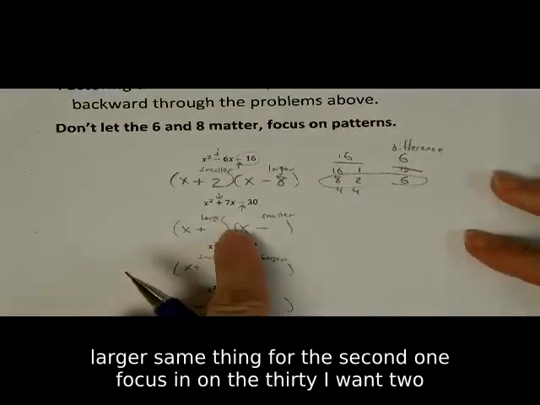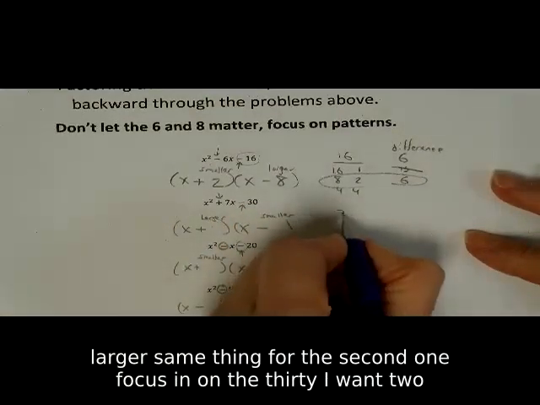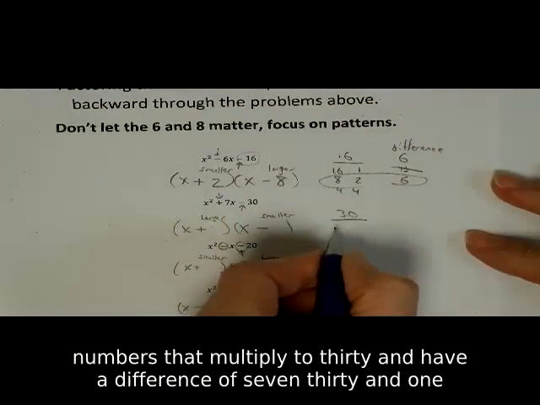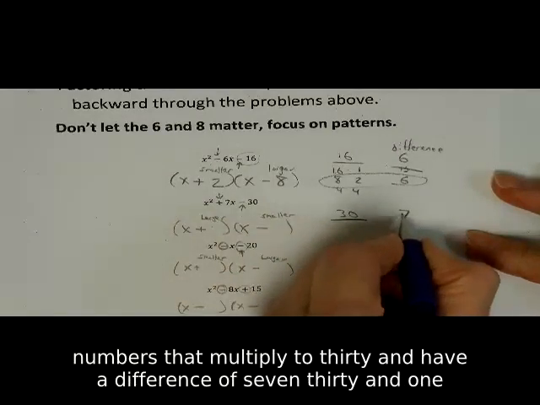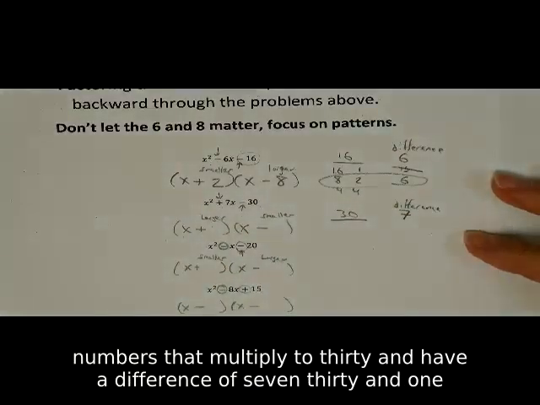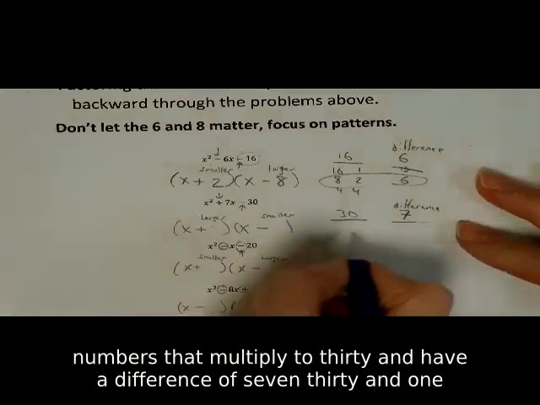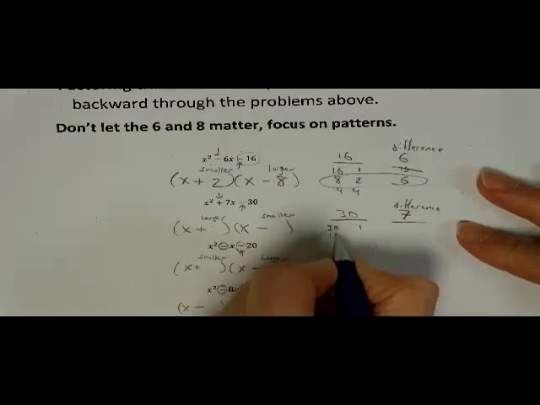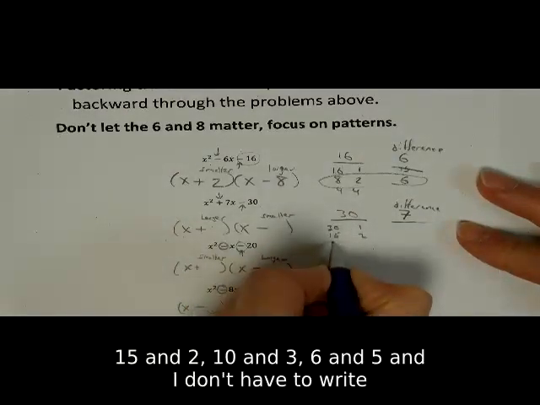Same thing for the second one. Focus in on the 30. I want two numbers that multiply to 30 and have a difference of 7. 30 and 1, 15 and 2, 10 and 3, 6 and 5.